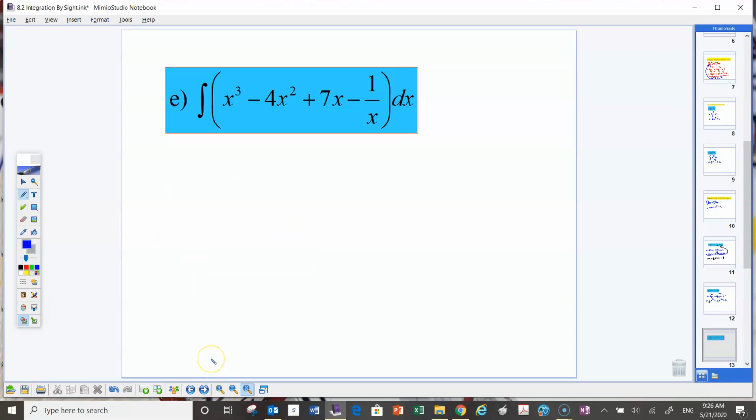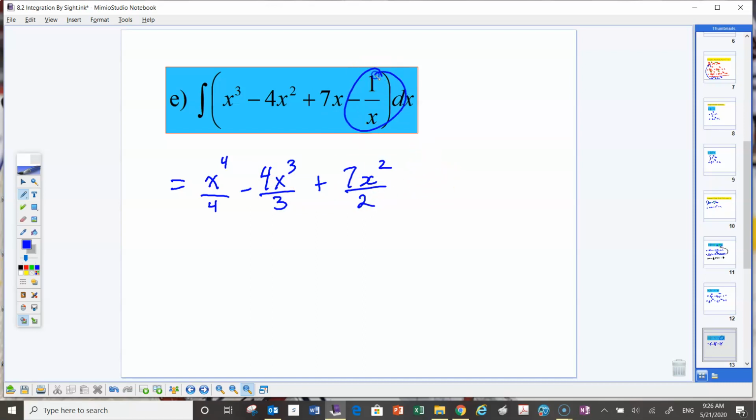Okay, let's take a look at this one. Now this one has 4 terms. Don't be intimidated by it. We just integrate each term individually. So the first one, the integral of x to the 3rd: add 1 to the exponent, divide by the new exponent. The next one, again add 1 to the exponent, divide by the exponent.